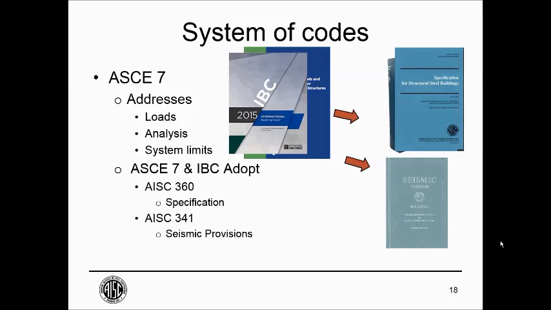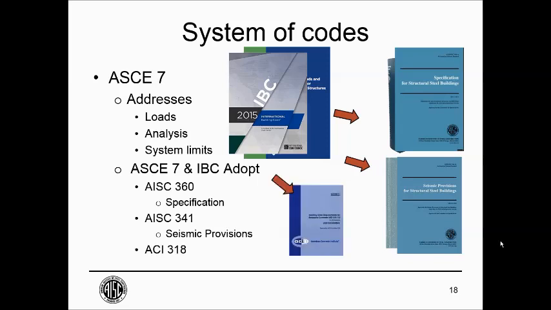The seismic manual for the 2016 edition of the seismic provisions isn't out yet, but it'll be this color. I attempted to give it, and the provisions themselves are out and published in this color. So our specification for structural steel buildings and our rules for seismic design are adopted by the IBC and by ASCE 7. Those documents also adopt ACI 318, which we need for some aspects of the design, as we'll see in the design example.